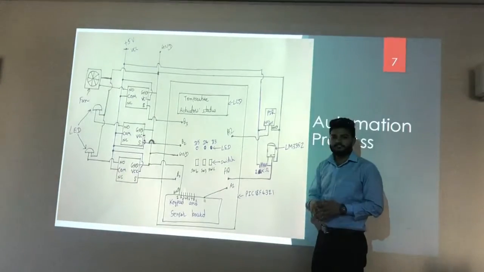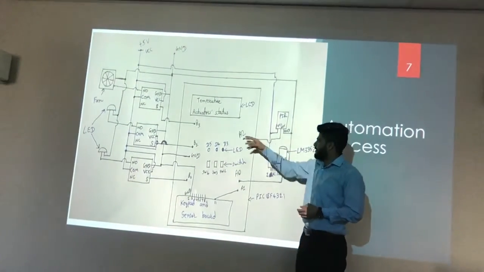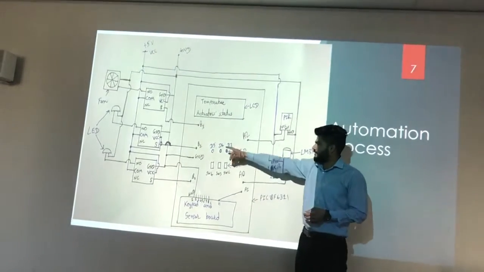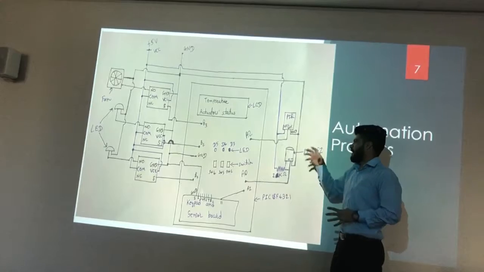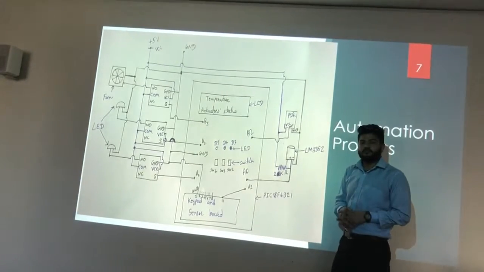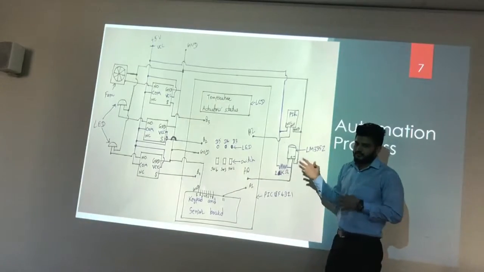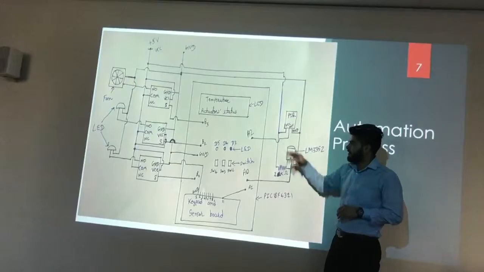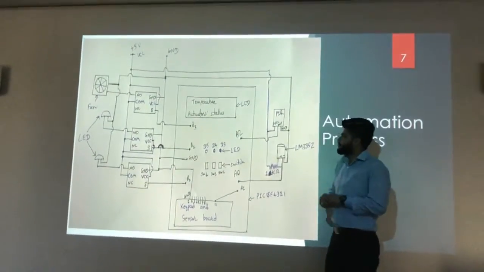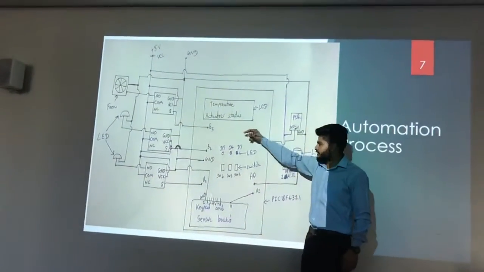Then if I increase the temperature and it goes above 21 degrees, it will give a signal as well, and it will also turn off the LED. And when the temperature goes above 24 degrees, it will start the fan. When the temperature goes below 20 degrees, it will turn off the fan. Every status will be shown on the second line of the LCD.